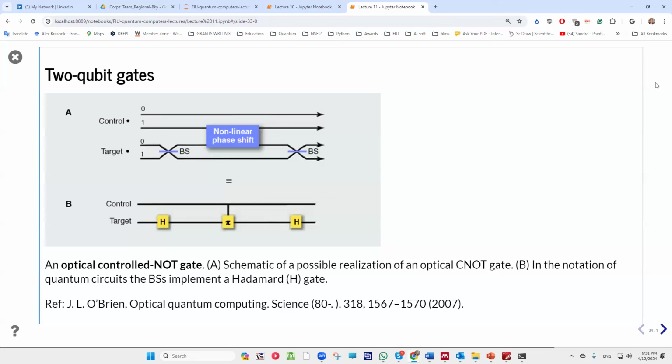So yeah, this approach is not very scalable. Definitely not scalable to the hundreds or thousands of 2-qubit gates.